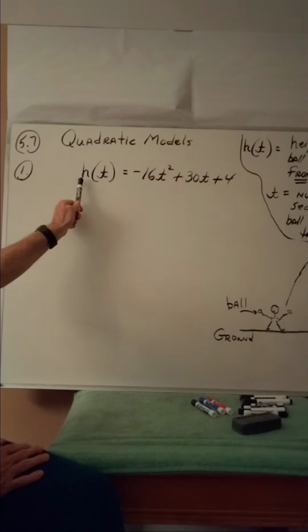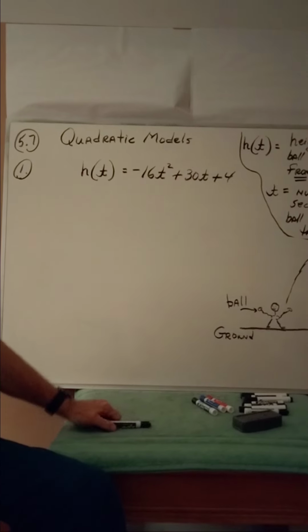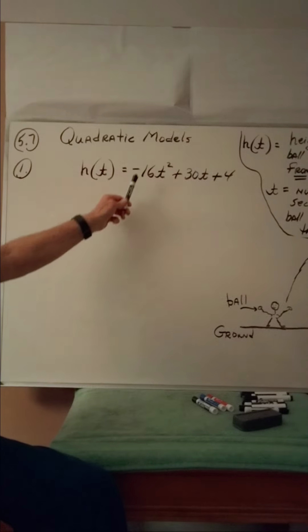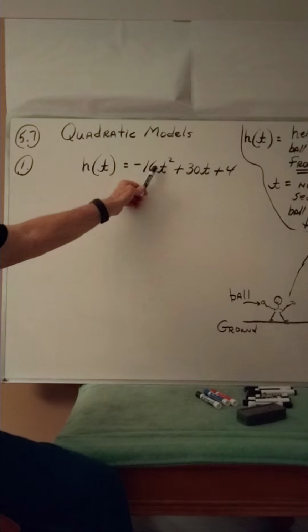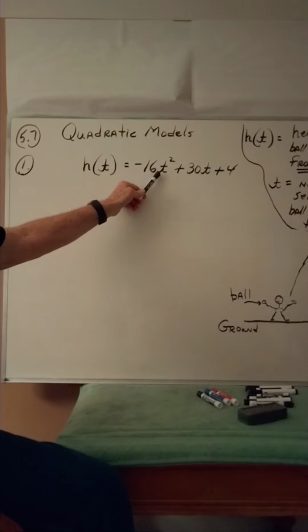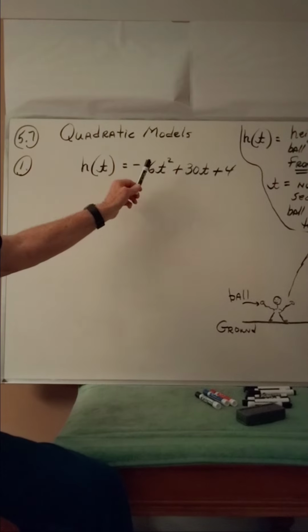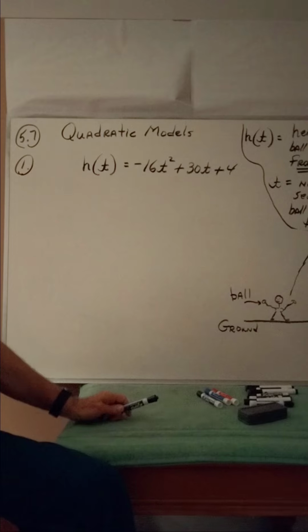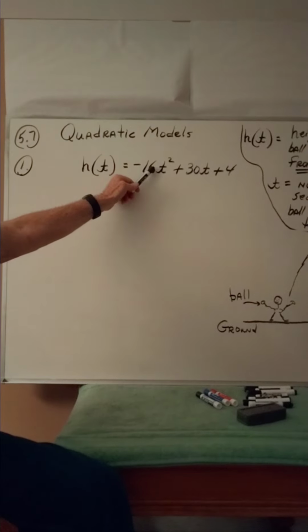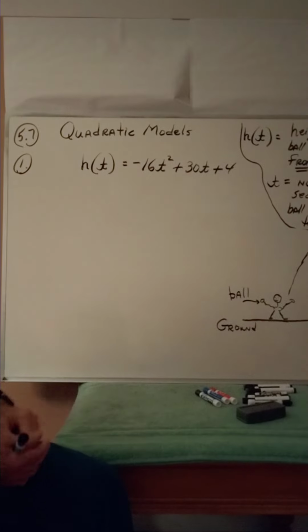You'll notice that this function is quadratic because the polynomial expression on the right-hand side has as its degree a degree of 2. And any variable term that is taken to a power of 2 is called the quadratic term. So we're looking at a quadratic function here.